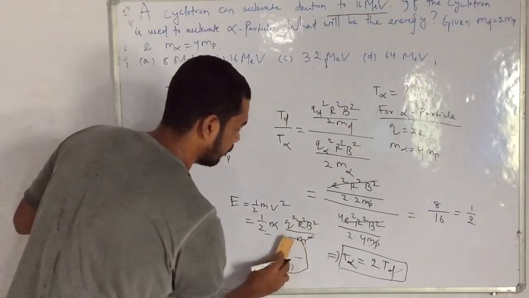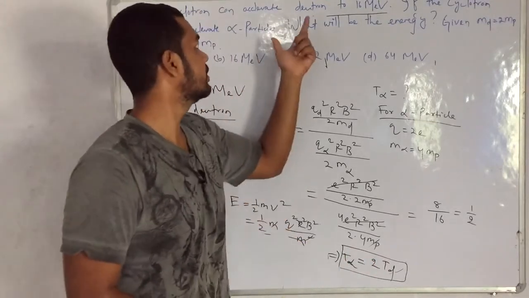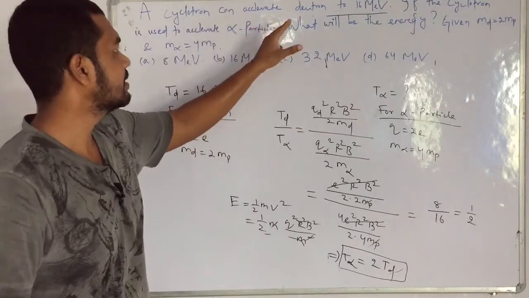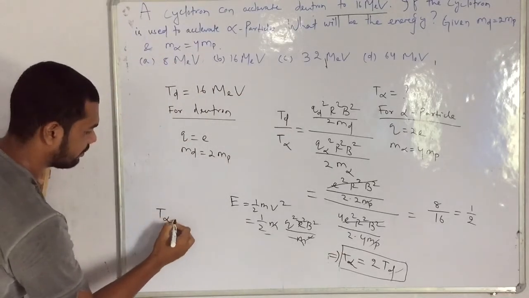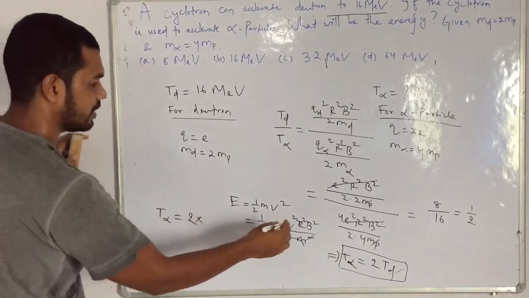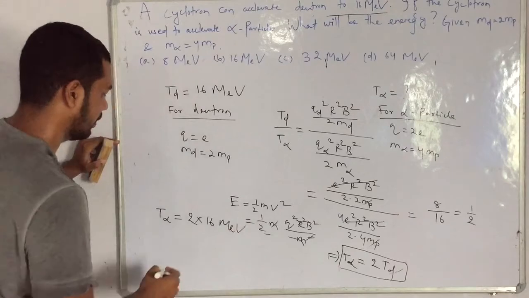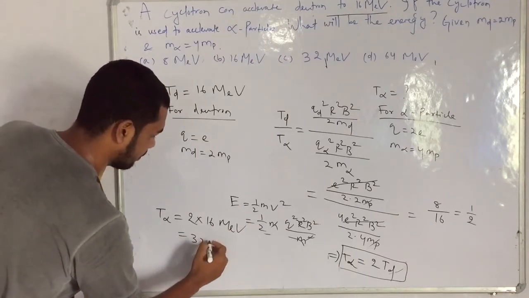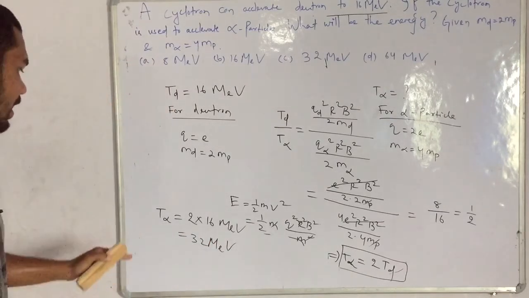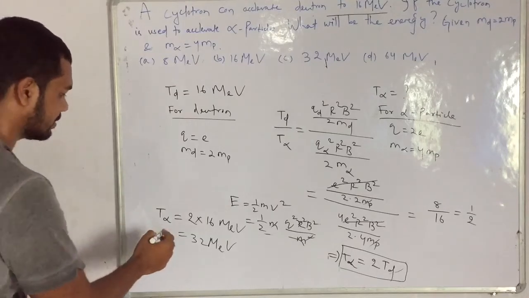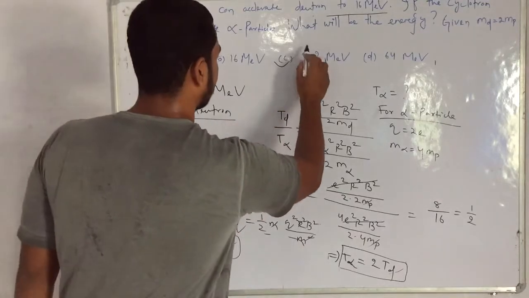So here we get that the energy required for alpha particle is 2 times the energy required for deuteron. So the energy for alpha particle is equal to 2 into 16 mega electron volt, which is 32 mega electron volt. So the energy for alpha particle to accelerate is 32 mega electron volt. So the correct option is option C.